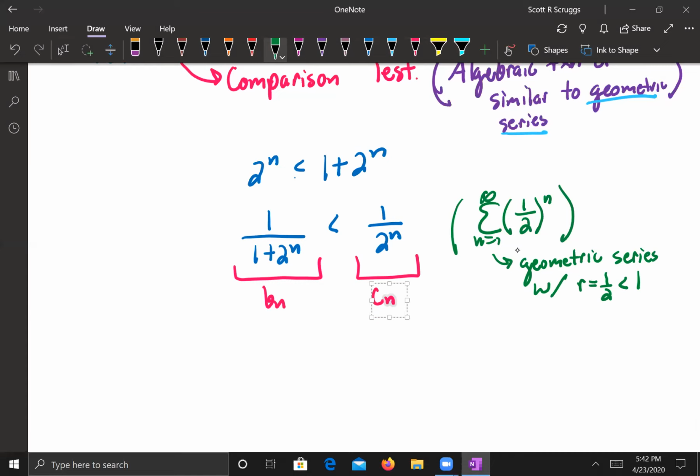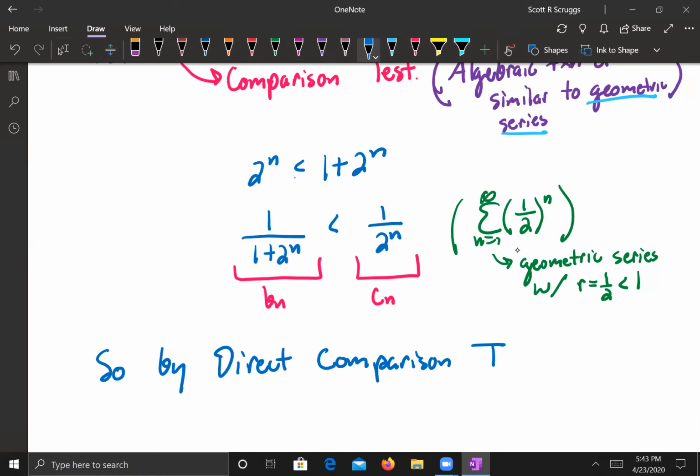So, because the series with terms 1/2 to the n converges, I have that, let's stick with blue, by direct comparison test, the series 1/(1 plus 2 to the nth power) converges.